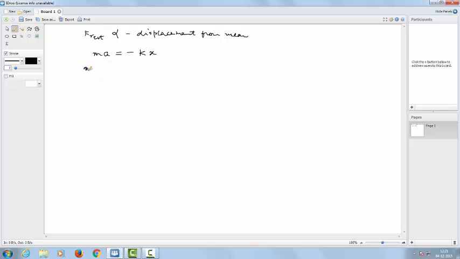Now we can write acceleration, the second derivative of displacement, is equal to minus k times x. k is generally referred to as the spring constant. This is the force required for unit displacement.